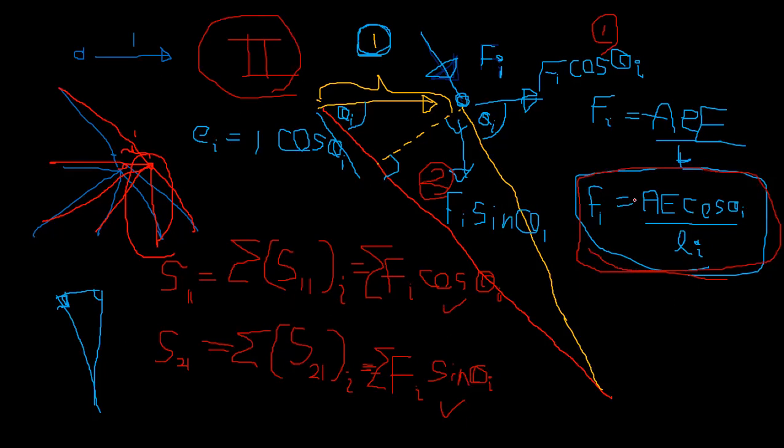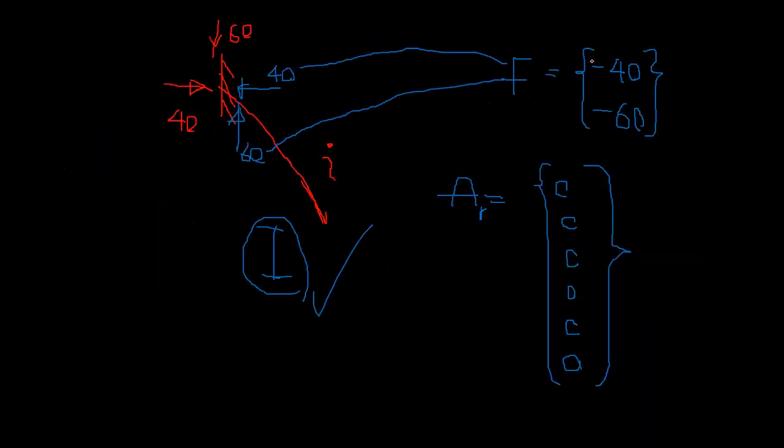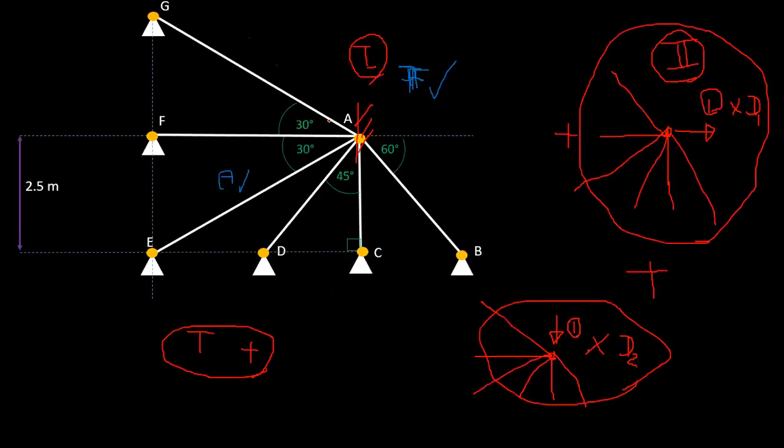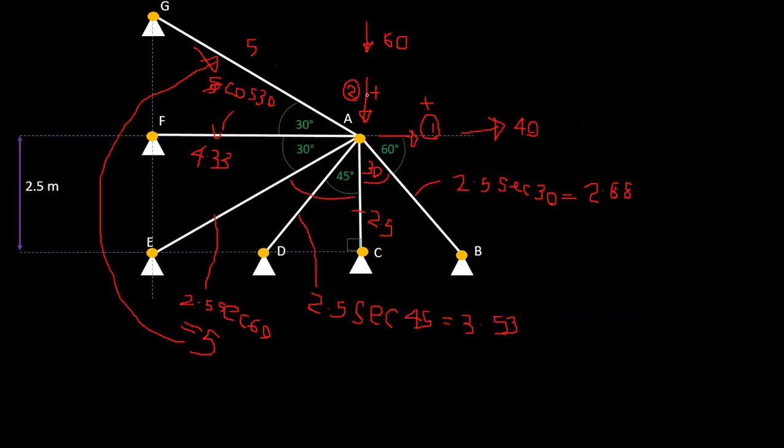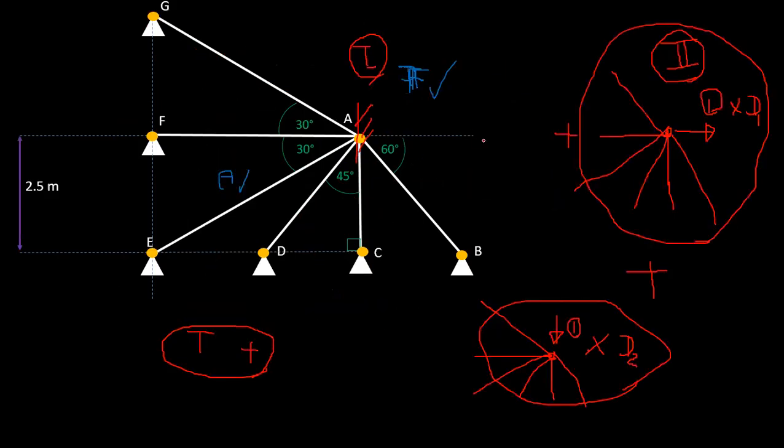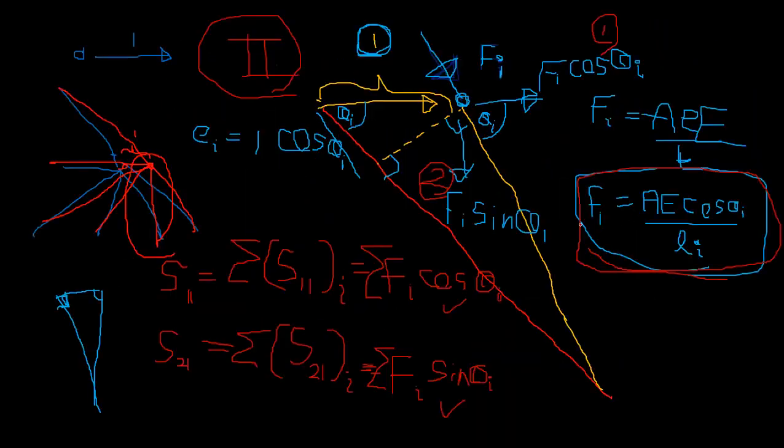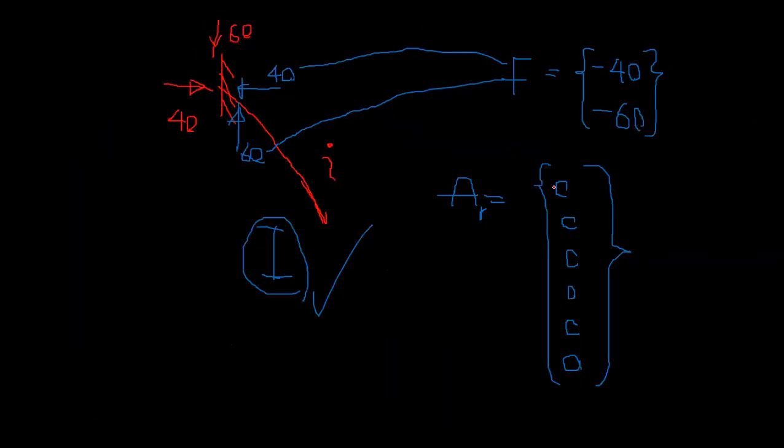So in the action matrix, this is negative, right? Why? This force is positive according to our sign convention. This is positive, this is positive, but this action is a compression for a member. So that means if it is here, it is negative, right?